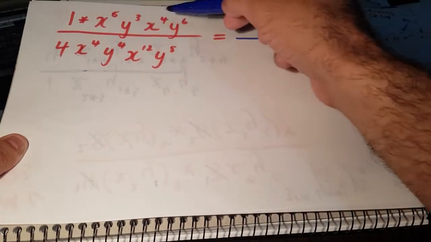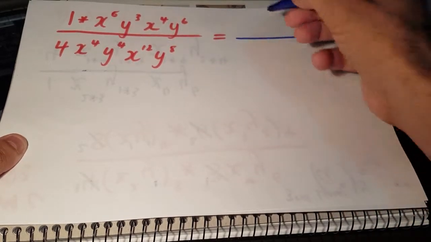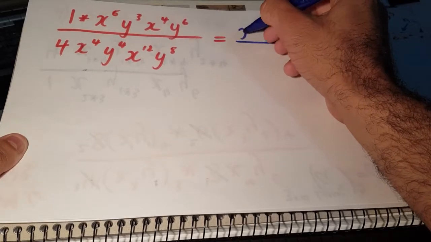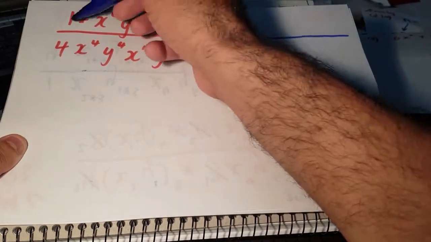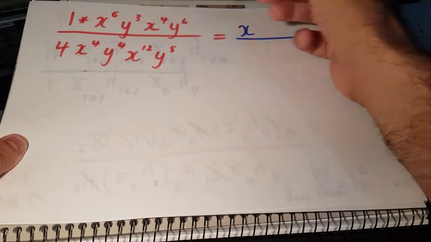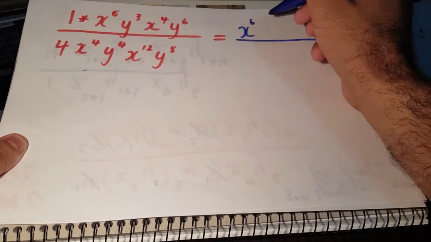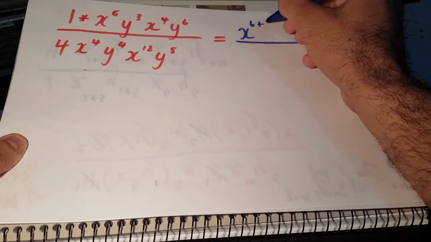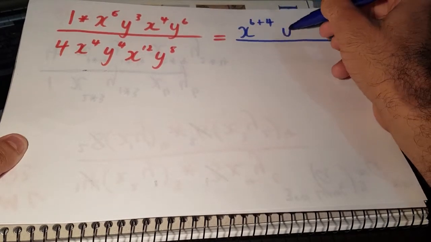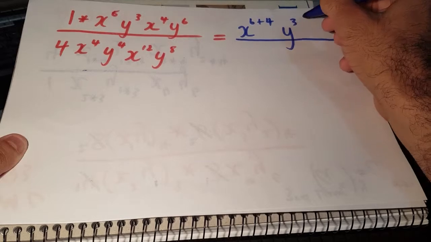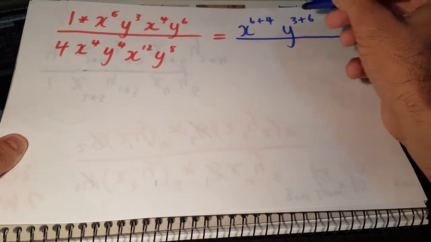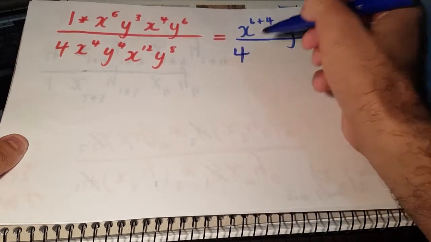I'm going to work out the top first and then the bottom. So we have x to the power, and by the way, I don't need to put 1 here because 1 times x is x. So I'm not even going to worry about the 1, sorry. So x to the power of 6 plus 4. And then we'll do the y, which will be y to the power of 3 plus 6. And then we'll do the bottom. So we have to include the 4.